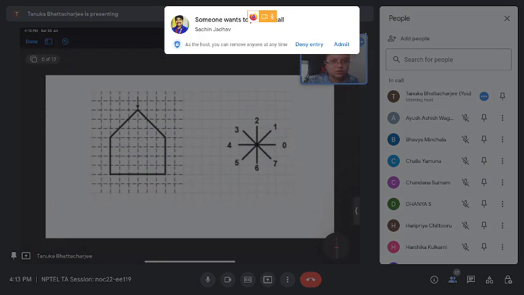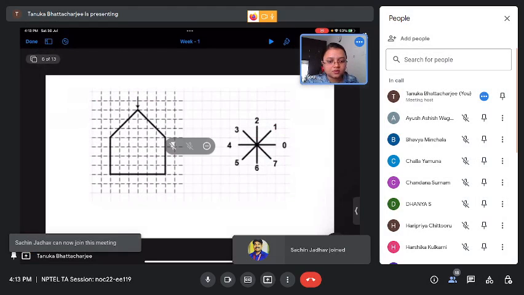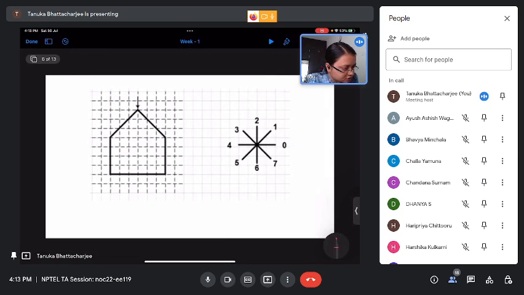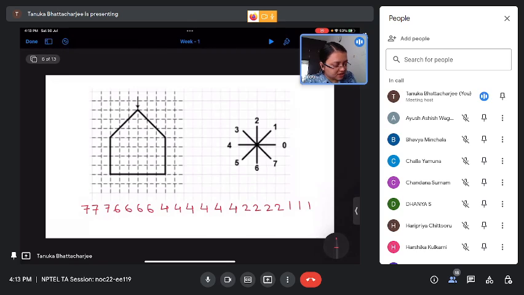So I'll copy the chain code first, so that it will be easier for us to derive the differential chain code. So this was the chain code for this figure.